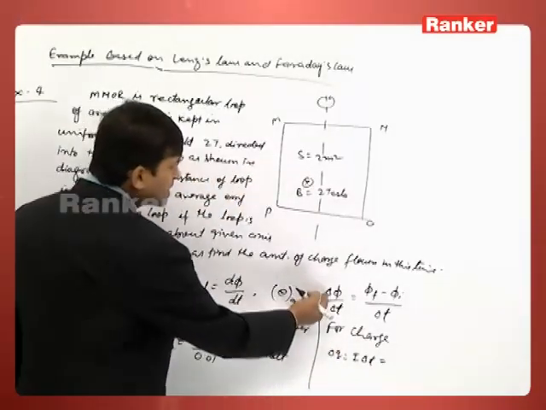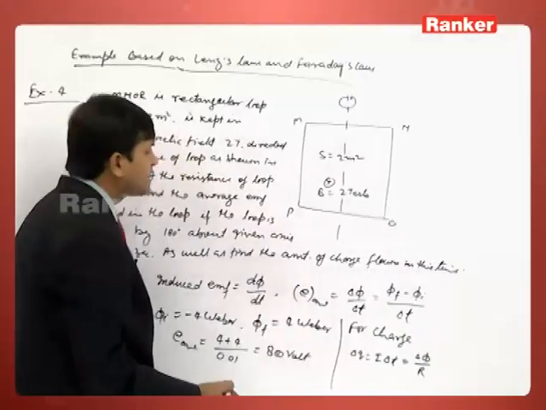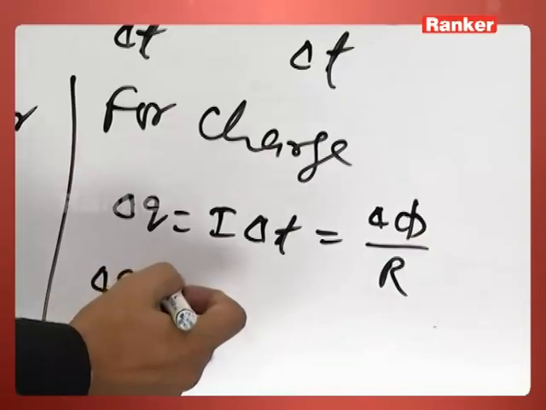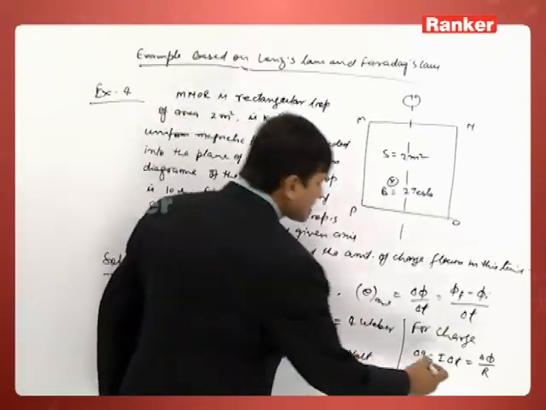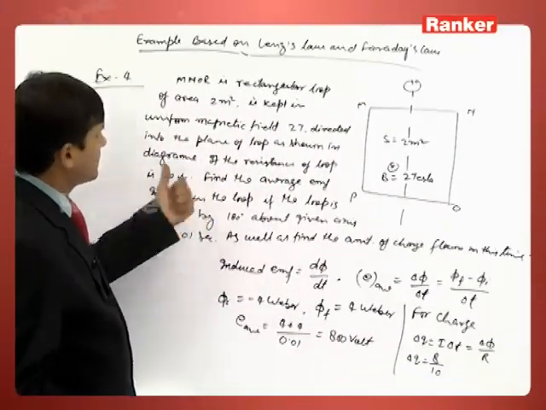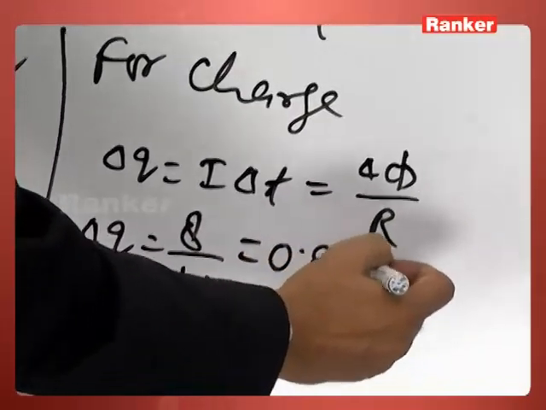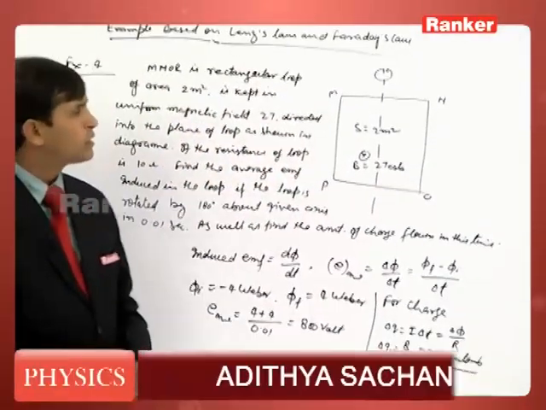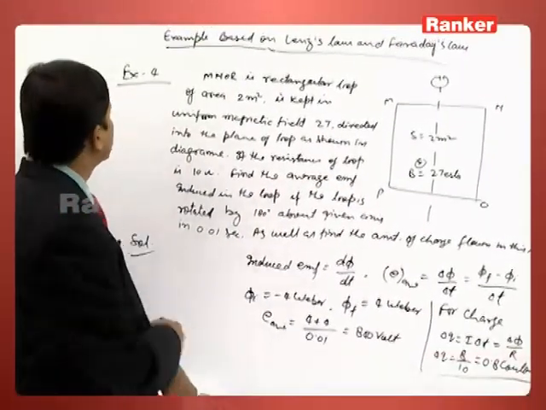The induced EMF is delta phi by delta T, so delta Q is delta phi by R. The change in flux we have already calculated: 4 plus 4 is 8, and the resistance value is 10, already given. So 8 by 10 is 0.8 coulomb. This is the charge flown through this loop in one rotation. This is one of the examples.